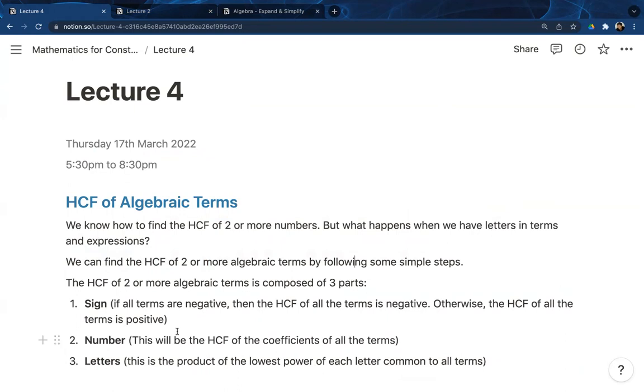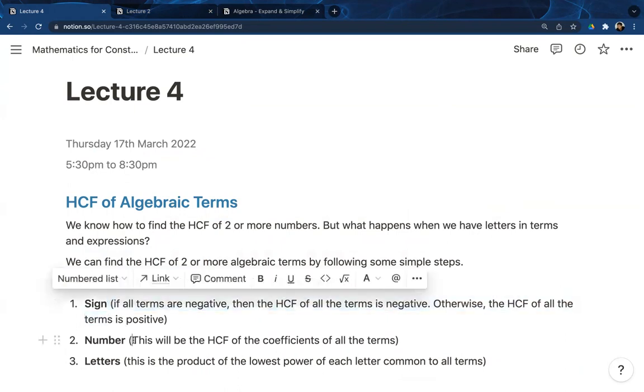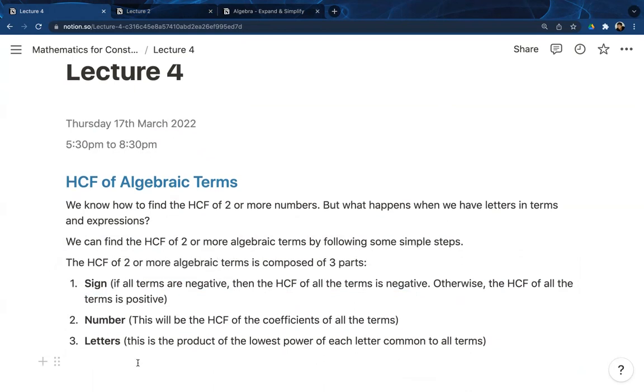And just like with expansion, you focus on the sign, you focus on the number, and then focus on the letters. If all the terms are negative, then the HCF of all the terms would be negative. Otherwise, the HCF is positive. That's the first rule.